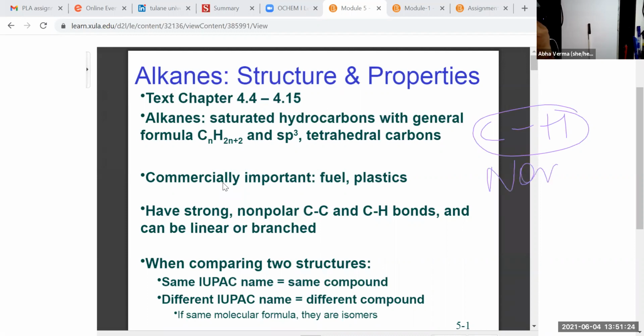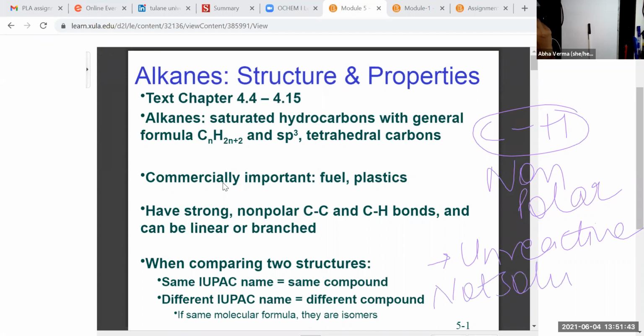We say they are non-polar bonds, non-polar materials. And as we saw, they are relatively unreactive because of this absence of polarity. They are quite stable and not soluble in water.